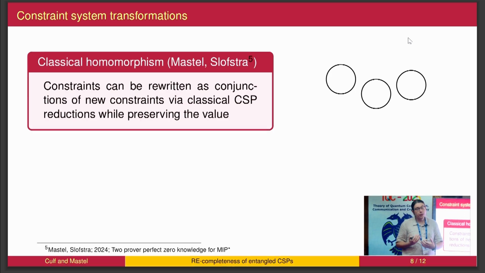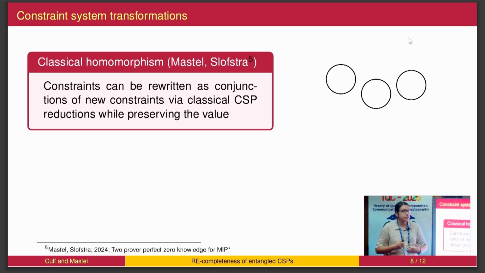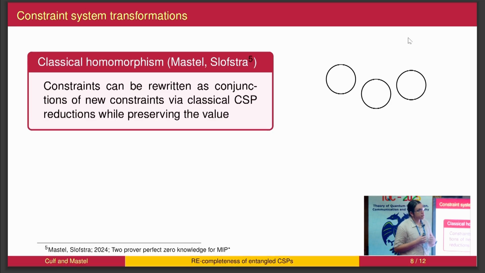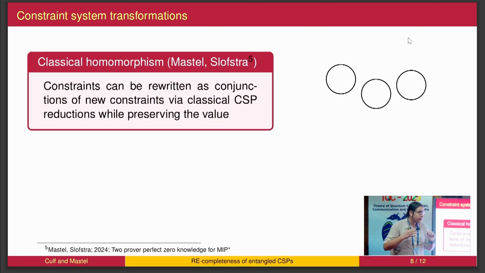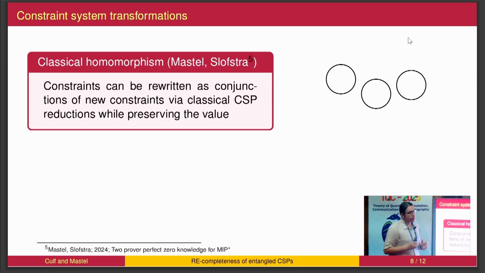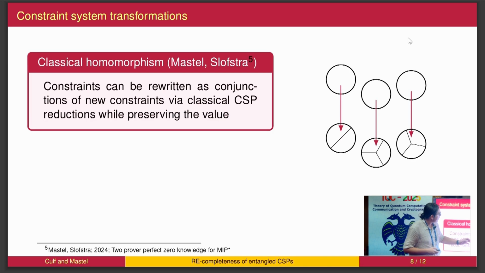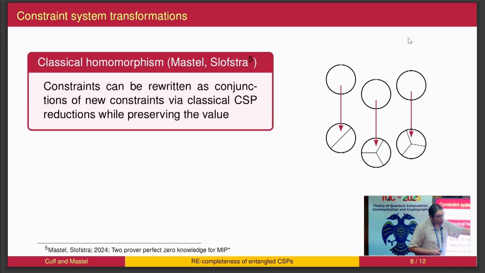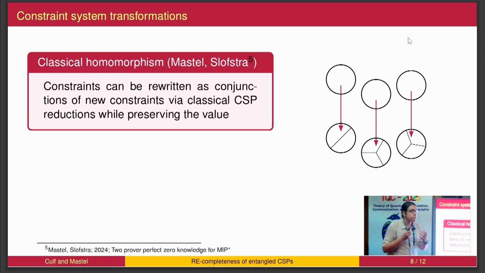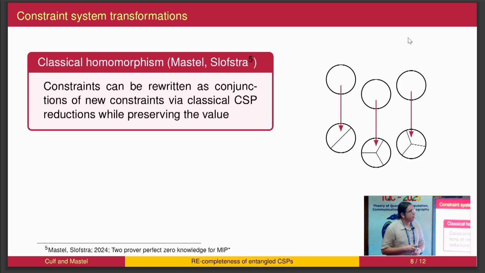Really we're using the classical reductions that are known to say that we can take any arbitrary constraint system and then rewrite the constraints in terms of instances of the classical CSP. You start with arbitrary constraints and you rewrite them as conjunctions of constraints for some specific CSP that you want to reduce to.